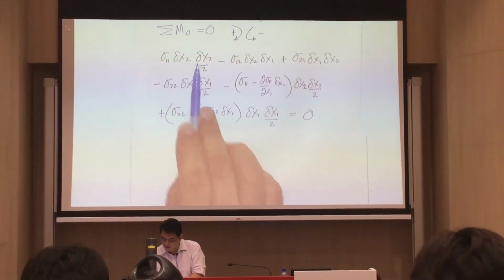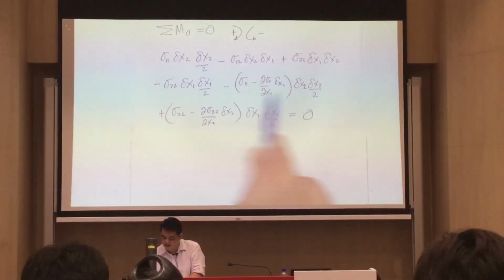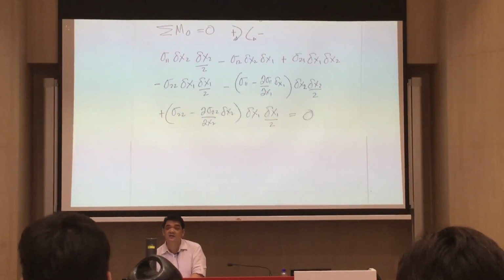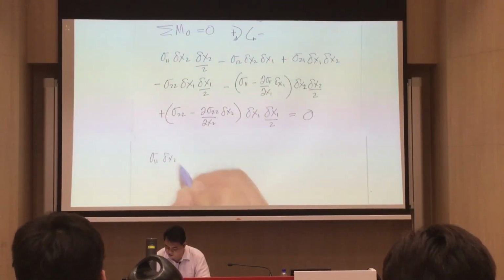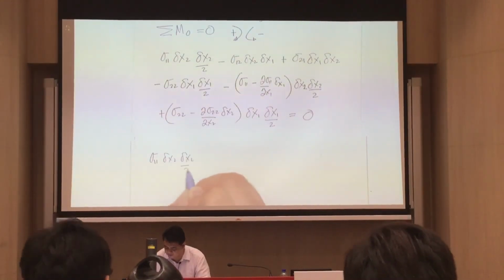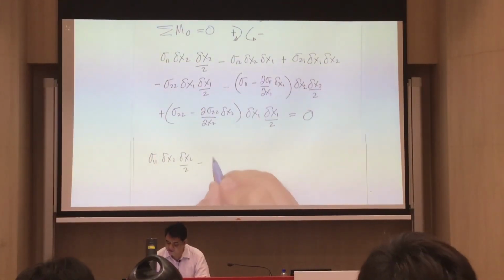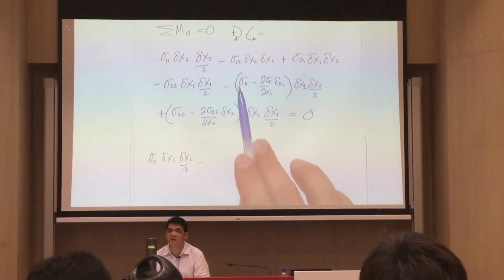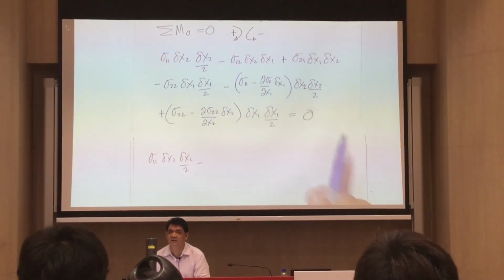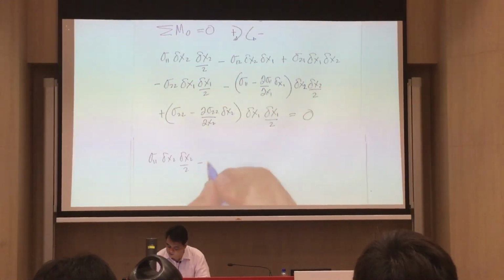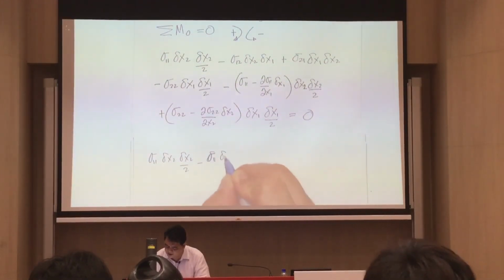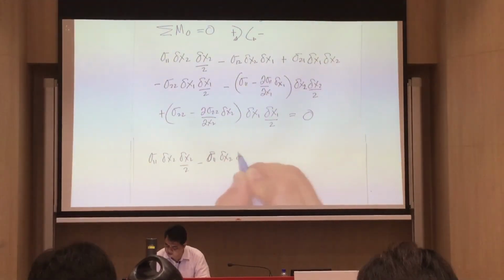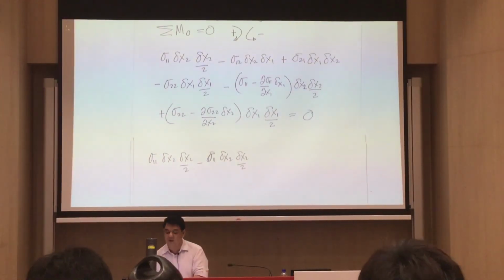I'm looking at this one here and this term here. Just to cancel the things, sigma 1,1 delta x2 all over 2 minus, so I'm just looking at this one multiplied by that. So this one now is sigma 1,1 delta x2 divided by 2.